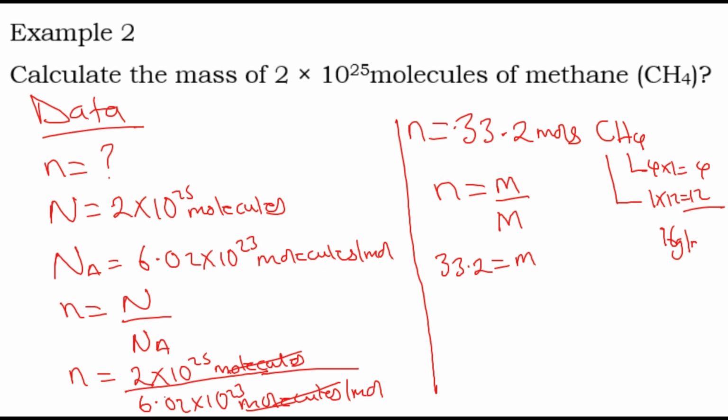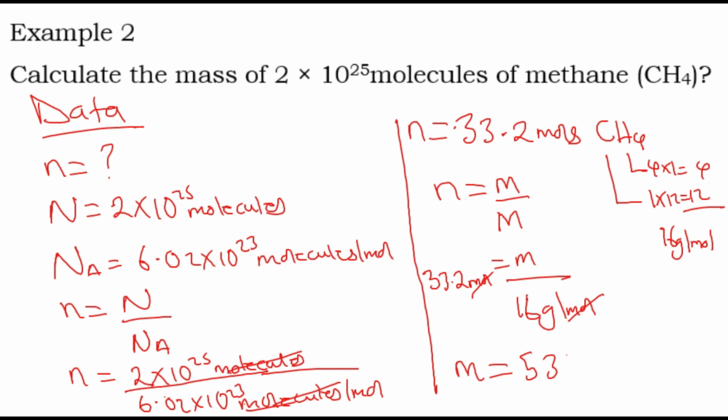So we have here 33.2 moles, and here 16 grams per mole. So the moles cancel out. What mass do we get? We get 531.2 grams.